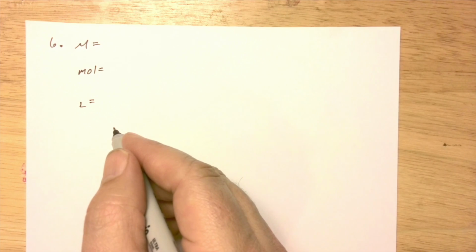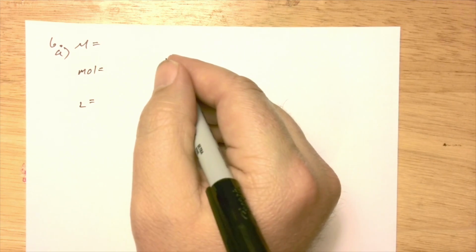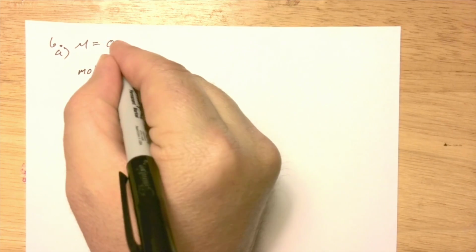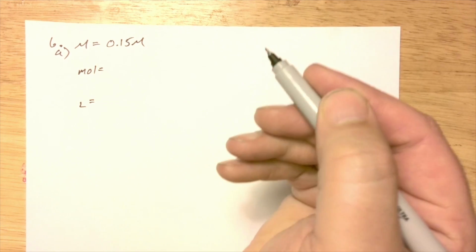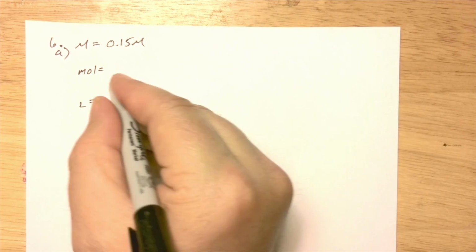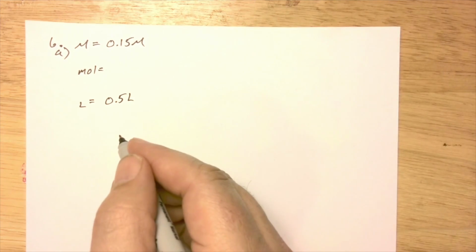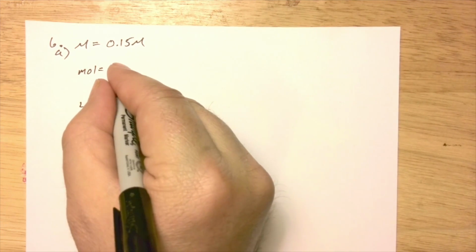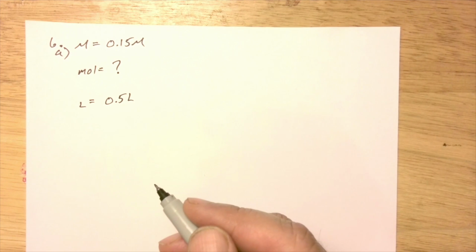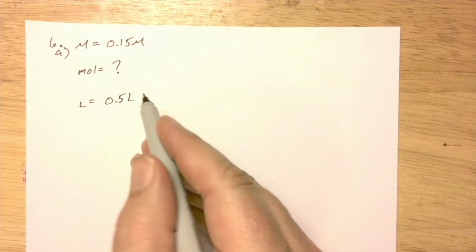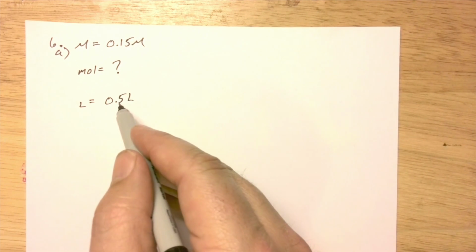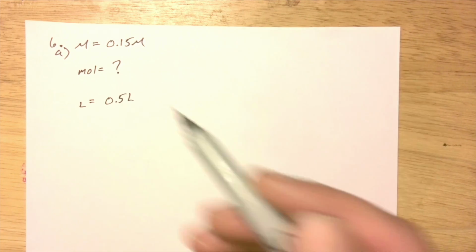For part A, we have a 0.15 molar solution, and you have 0.5 liters. The first part is asking how many moles do you have? Now we have the molarity, we have liters, and we can go ahead and solve for moles.